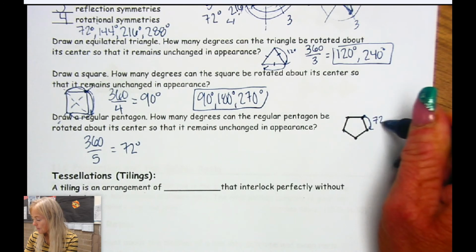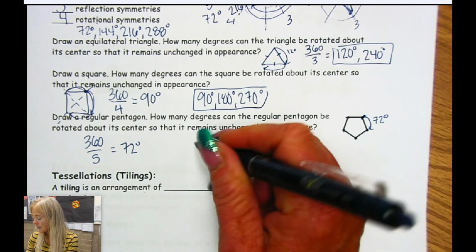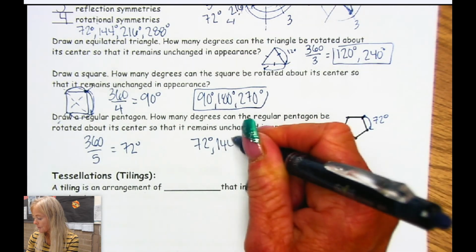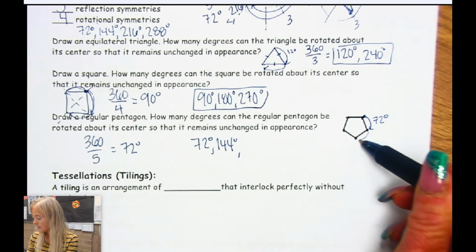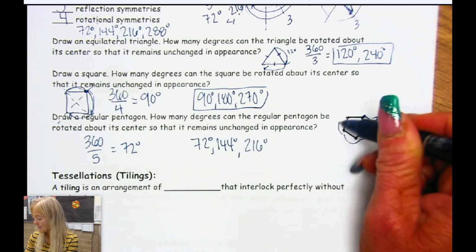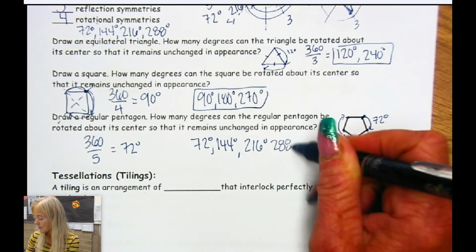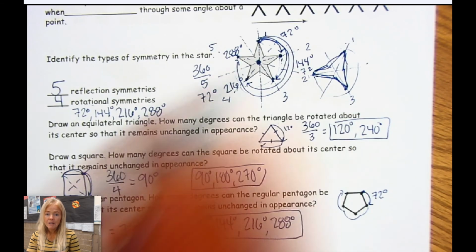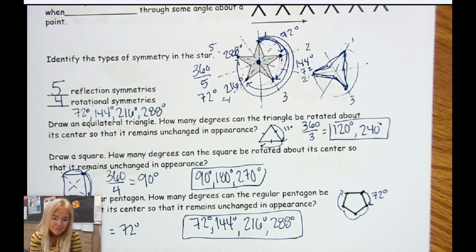We would have a 72 degree rotation, and then another 72 would be 144, and then another 72 would be 216, and then another 72 would be 288 degrees. Not too rough. I kind of showed you how to do that on the star, but that's what you'll be doing. Hope you understand that.